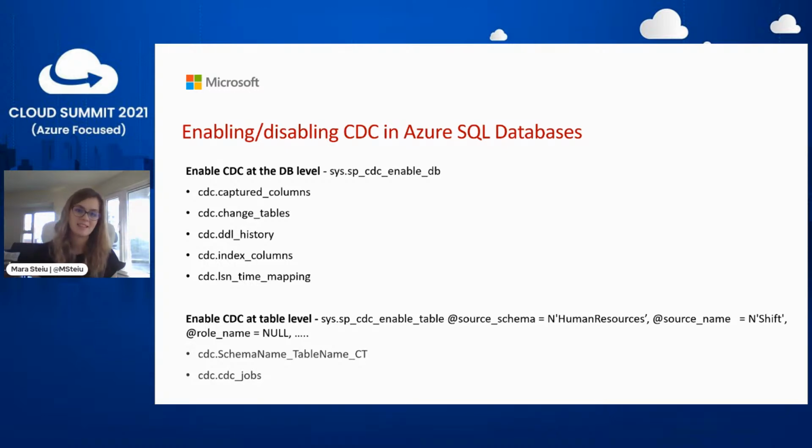Once you do enable CDC at the database, you also enable it at the table level. This is what you would run to do that. And the moment you do that, your capture and cleanup get created, and there is a table to track changes on your source table. So if you do this on SQL Server or Azure SQL Managed Instance, you must ensure that your SQL Server agent is enabled for these 2 jobs to run.